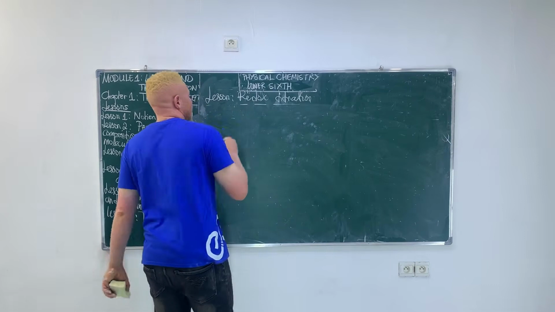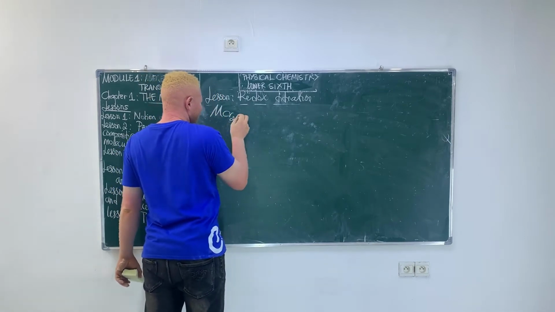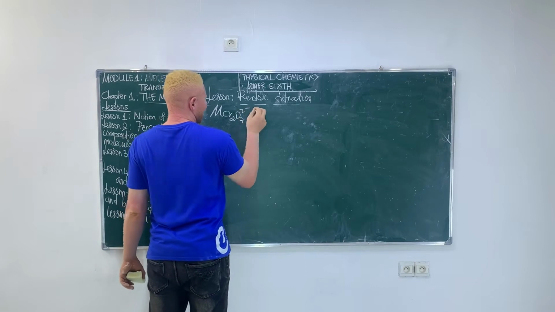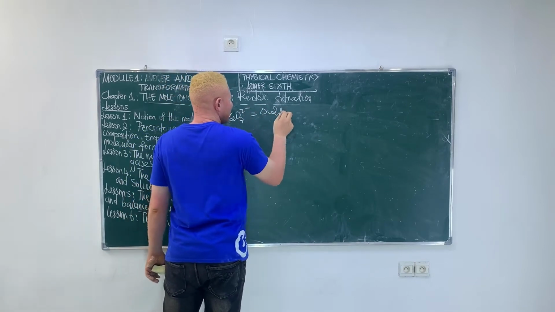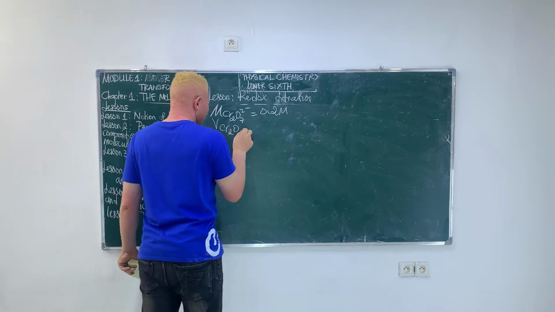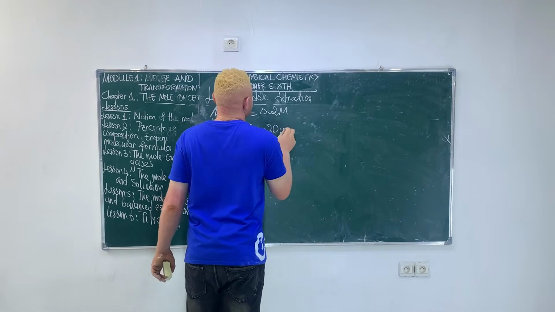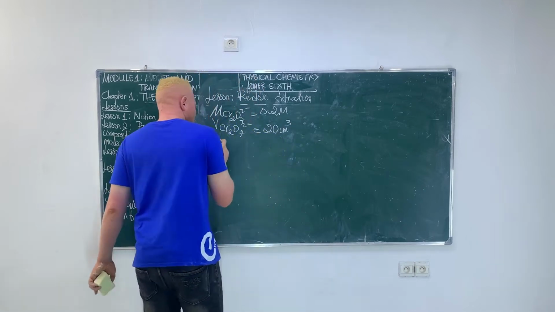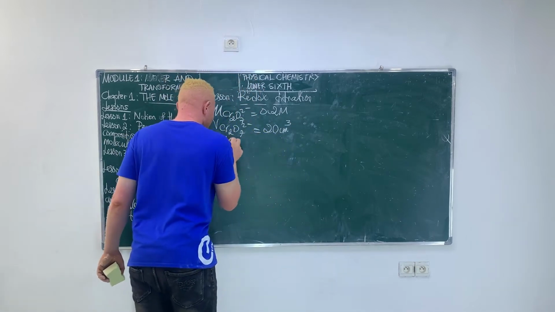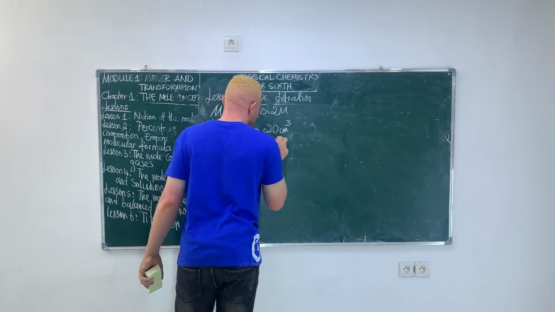Let's move our data. The molarity of the dichromate is 0.2 mol. The volume of the dichromate is unknown, and the molarity of the iron is 0.1.